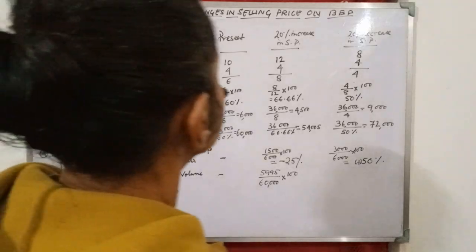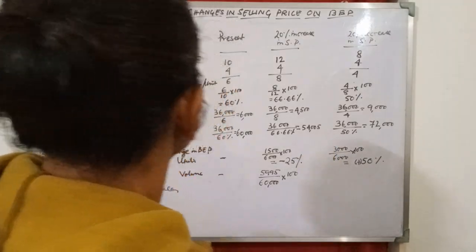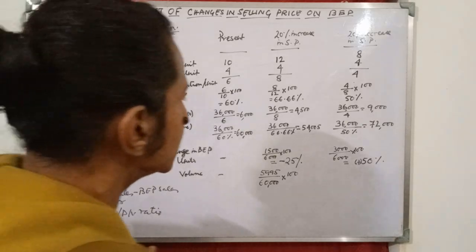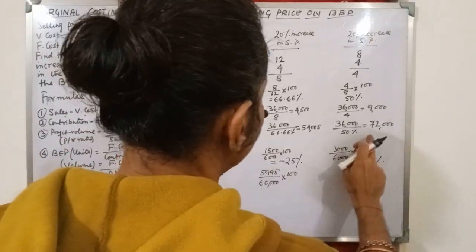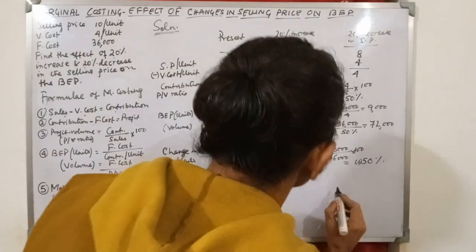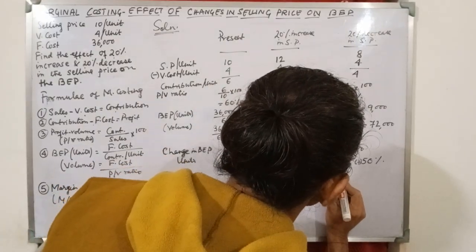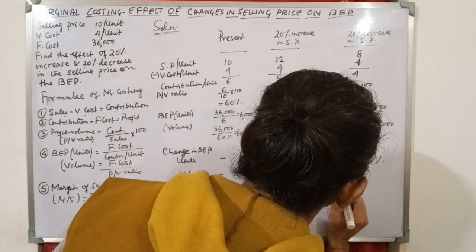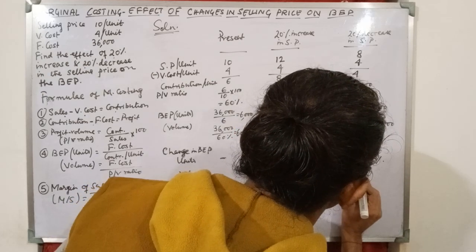and here BP in terms of volume is increasing from 60,000 to 72,000, that is by 12,000. So it is 12,000 divided by 60,000 into 100.